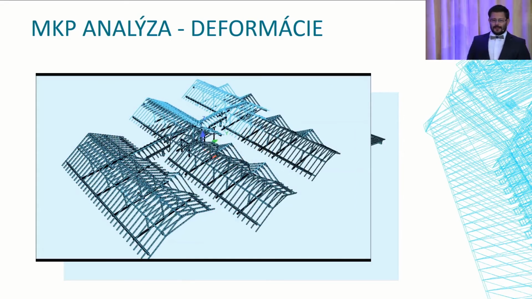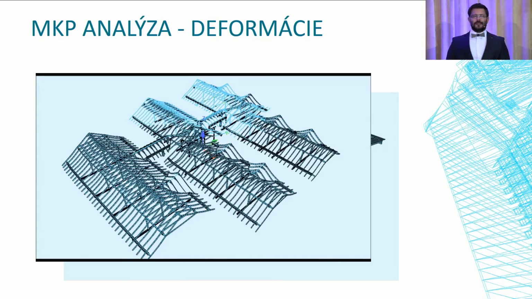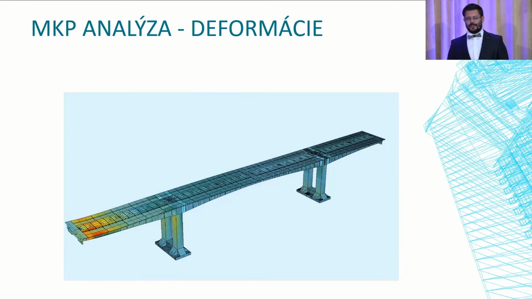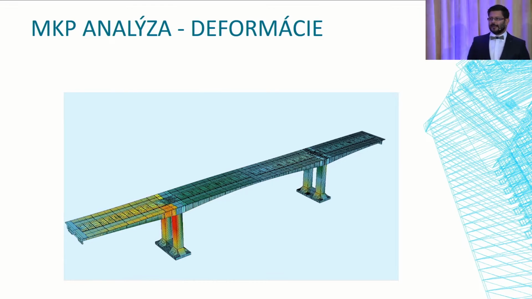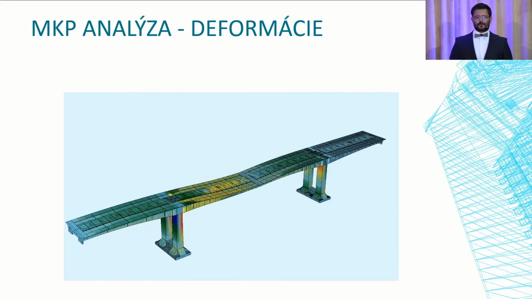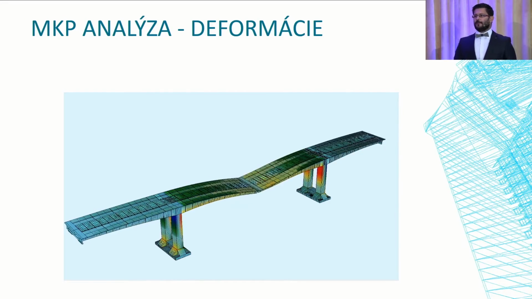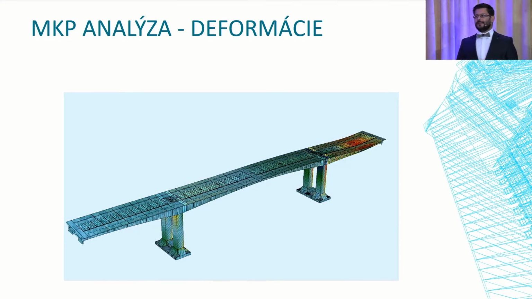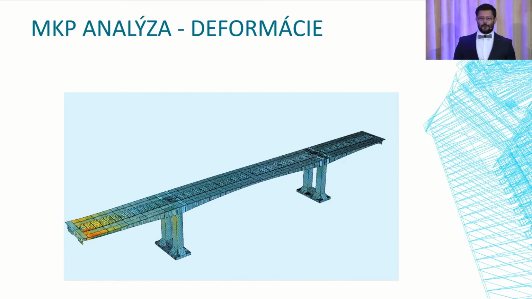You need to be able to demonstrate how the construction is actually behaving. For instance, when a vehicle goes over it, and then you will be able to provide the architect with the technical information, such as what should be the reinforcement, etc.